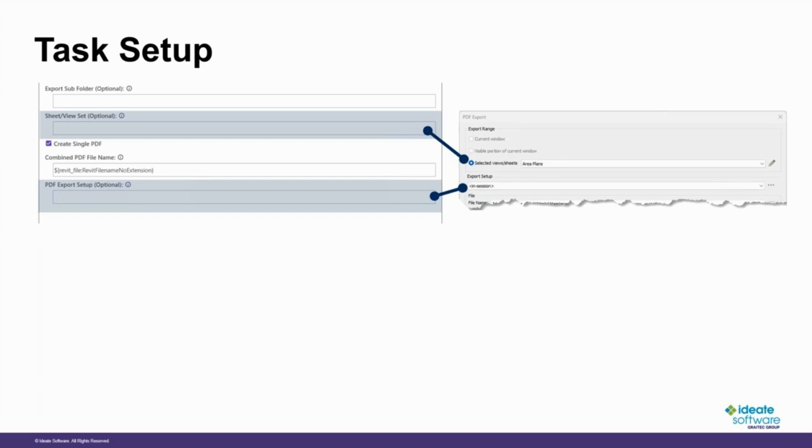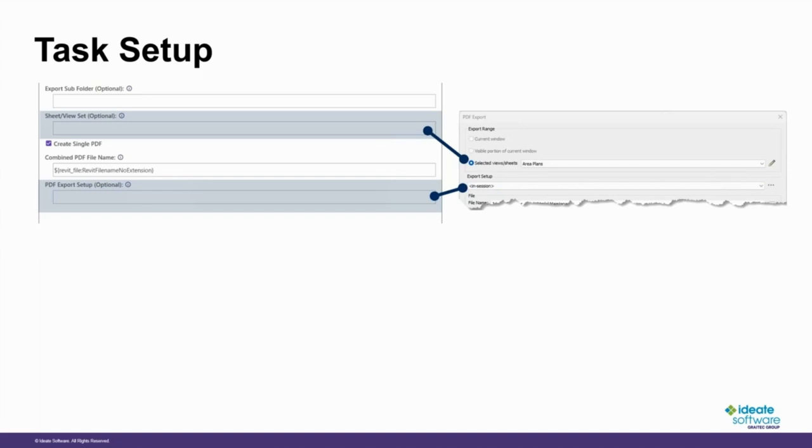So with that concept in mind, I would usually recommend actually going into your Revit project first, setting up your export settings, setting up your views and sheet settings, and having that saved to the project first, and then typing in those exact names into the task setup. So that way you know that you're printing out the exact sheet set that you're interested in, right? So this is a time when you want to interact with your Revit model first before setting up the task.